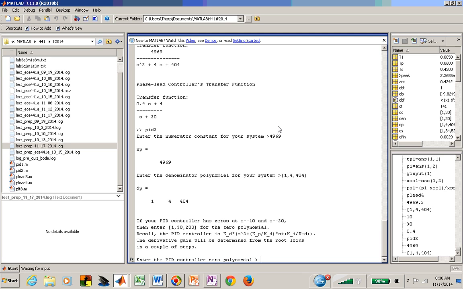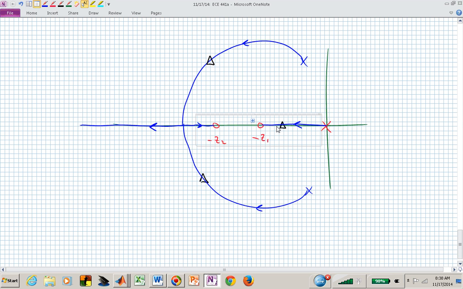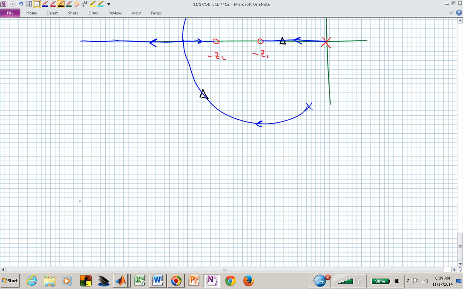And now enter the PID controller zero polynomial. What I'm meaning here is if I actually picked, let's say Z1 was equal to 10 and Z sub 2 was equal to 20, then this is going to give me an S plus 10 and an S plus 20 in the numerator, or an S squared plus 30S plus 200.